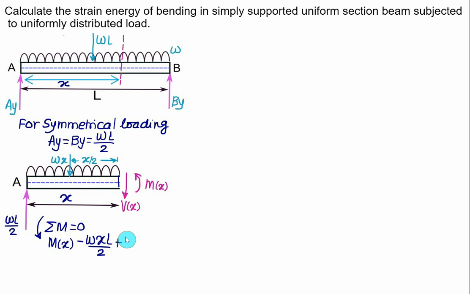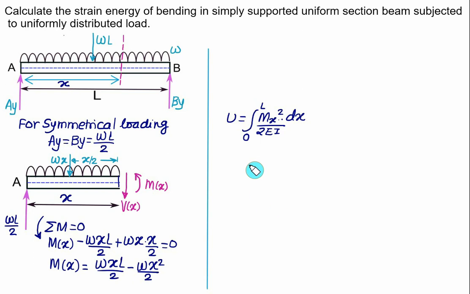The load is W into x and will act at a distance x by 2. This sum must equal 0. Therefore, we can calculate the moment at any section, mx, equal to W into x into L by 2, and this term will become negative: minus W into x square divided by 2.